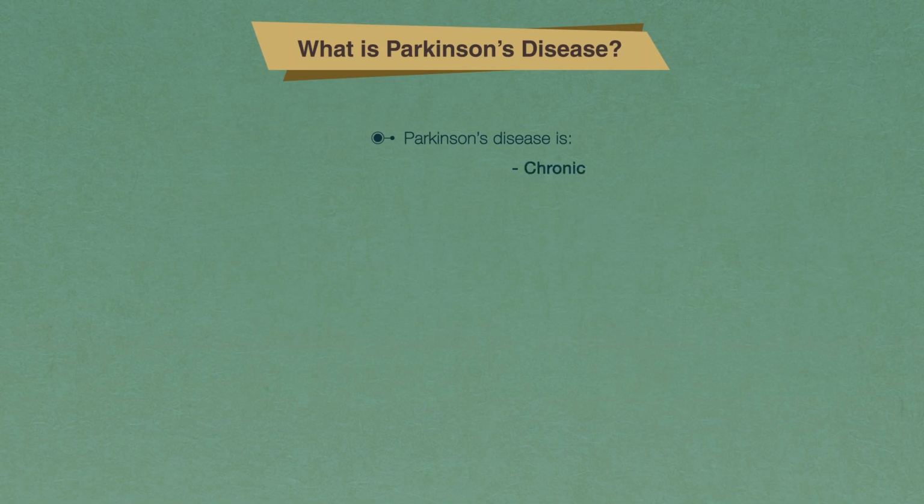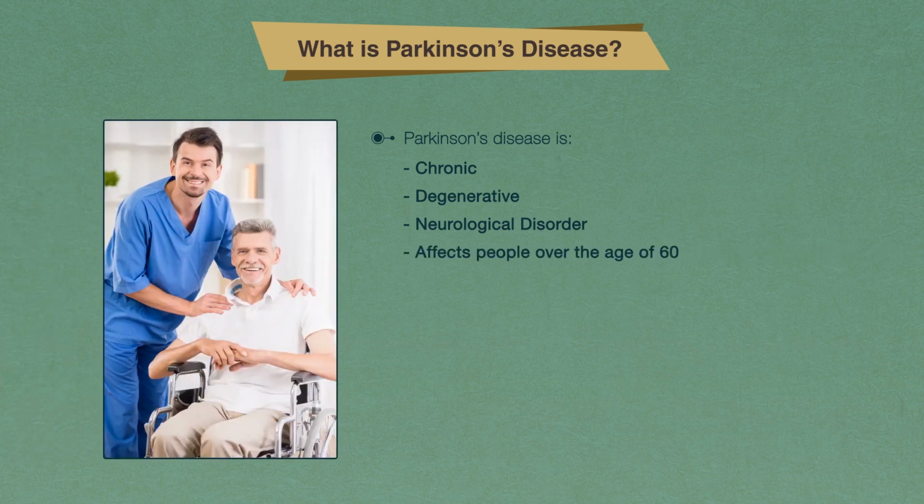Parkinson's disease is a chronic, degenerative neurological disorder that affects 1 in 100 people over the age of 60. While the average age at onset is 60, some cases have been diagnosed as early as 18 years of age. There is no objective test or biomarker for PD, so the rate of misdiagnosis can be relatively high, especially when the diagnosis is made by a non-specialist.